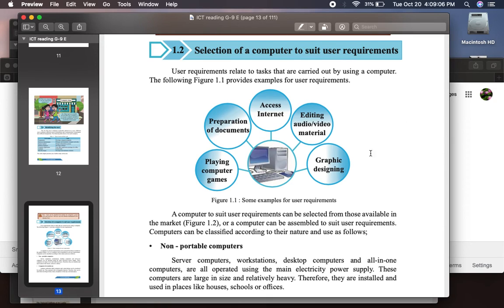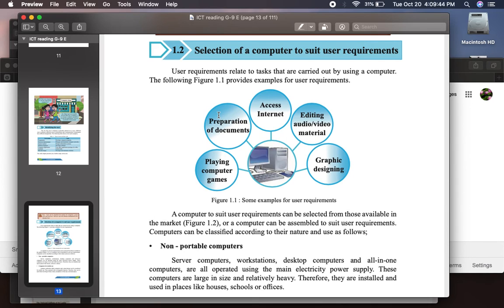And we have this image of a desktop computer and several balloons which are connected to that. If we start from the left, playing computer games. Okay, that's a user requirement. There's actually no age limit, but many people are into playing computer games sometimes in their free time, and some people play computer games while they work.